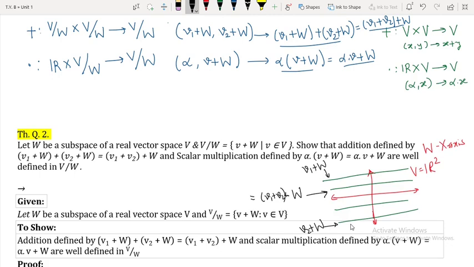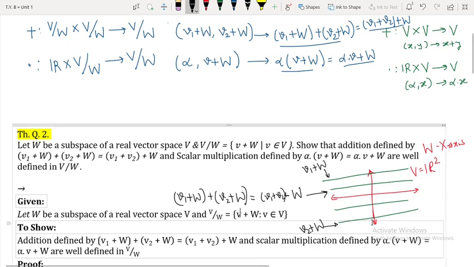So basically this is the addition of V1 plus W and V2 plus W, and whatever coset we are getting has the representative V1 plus V2. So in other words, if you want to add two cosets, your answer is a coset again, and the representative is simply V1 plus V2.